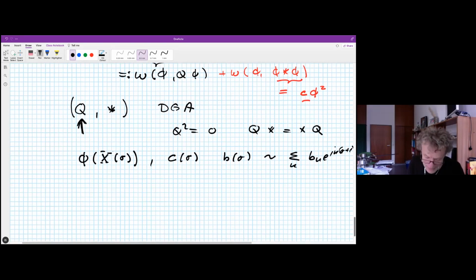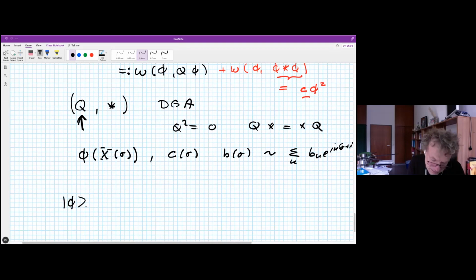So the idea then is a state phi. You take a disk, and on the boundary of the disk, you can ask what is the overlap of this function. Sorry, I didn't say that well. Let me repeat it.